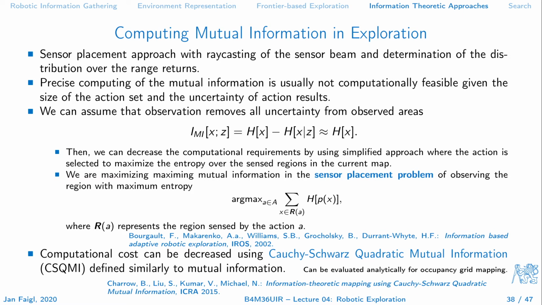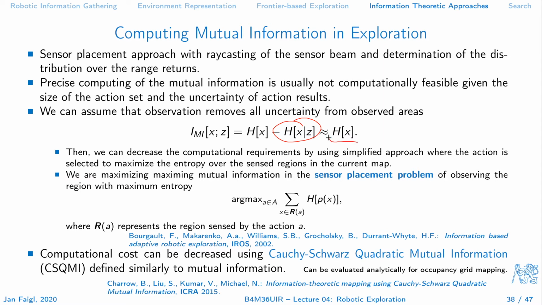And you can probably sense that precise computing of mutual information is computationally very demanding, and it may not be feasible for a large set of actions and uncertain action results. But we can simplify that, and we can assume that the observation removes all uncertainty from observed areas, which actually simplifies the problem a lot, because we get rid of this conditional entropy.